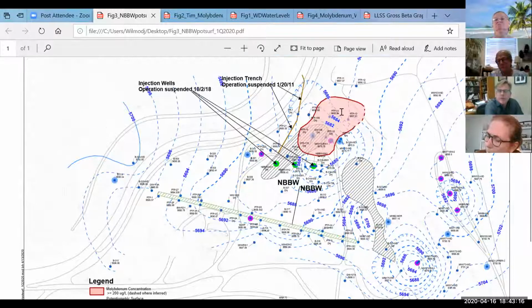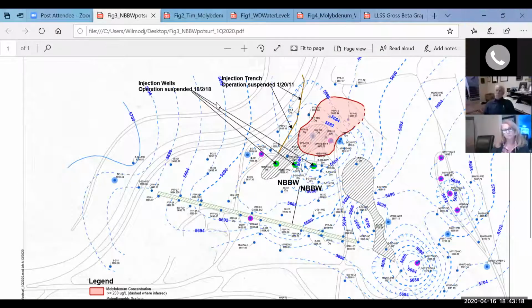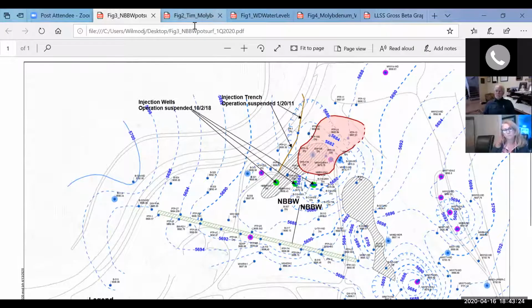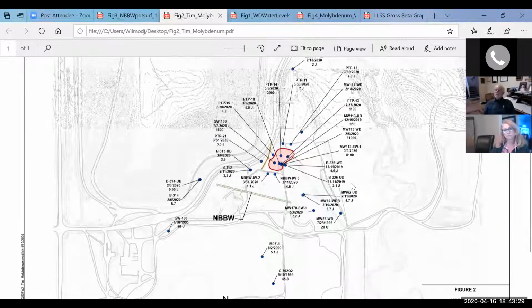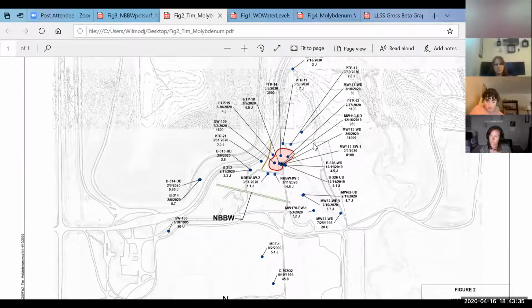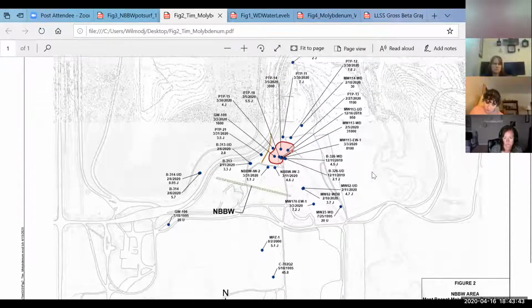It just does seem to me that the source area is rather unclear in your system, which could be both the physical monitoring location of wells and how they're configured, as well as just the lack of data. Considering the size of the site, you've got a total of 162, I think, Molly data points, of which most of them are coming out of your extraction system, out of just a small handful of wells.